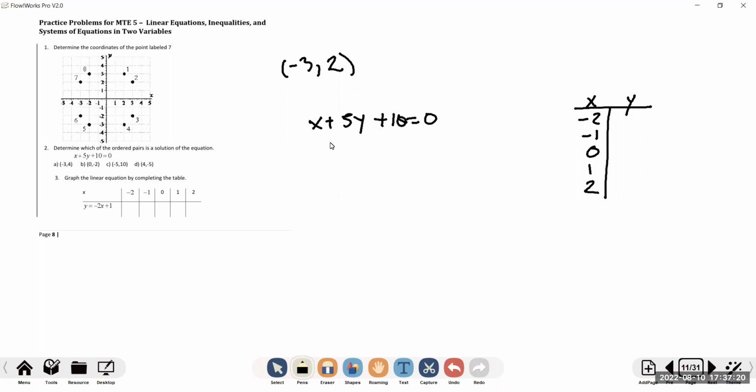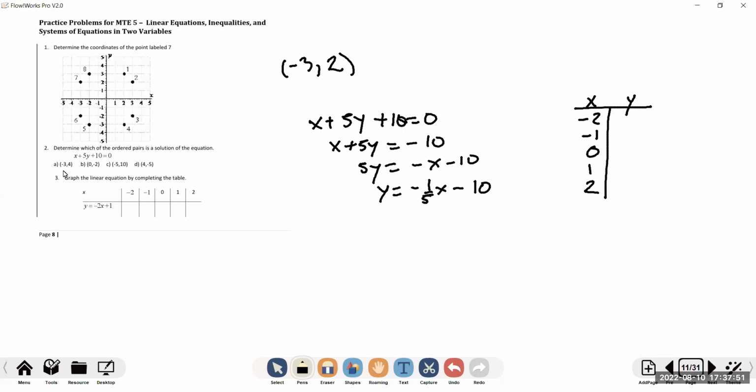So that's going to be x plus 5y is equal to -10. 5y is equal to -x minus 10. y is equal to -1/5 x minus 2. Now, since all of my y's are integers, the only chance of that happening is if x is a multiple of 5 to get rid of this fraction.